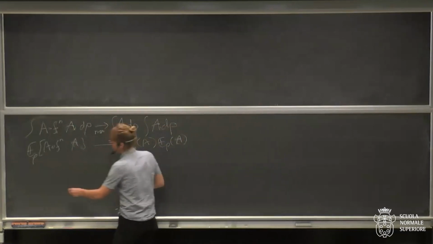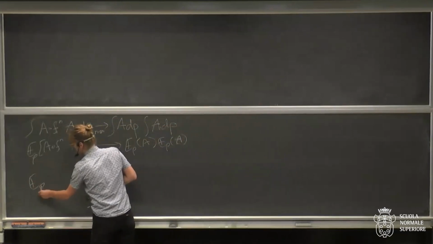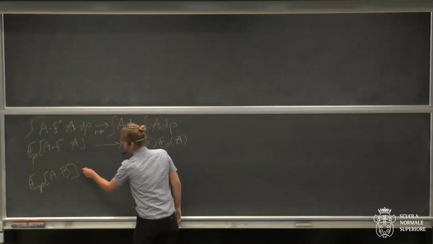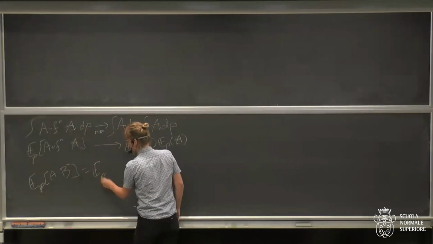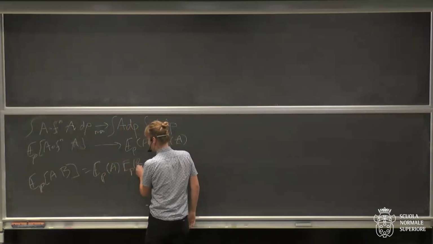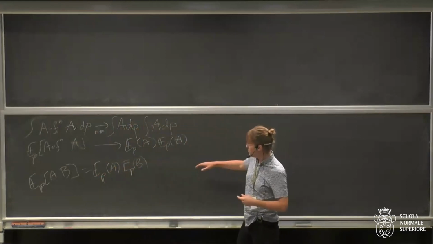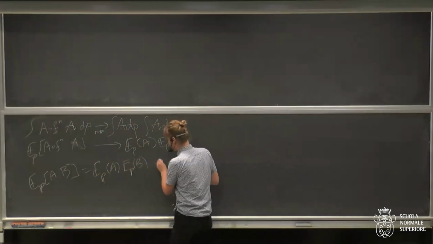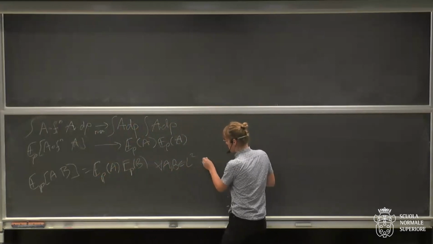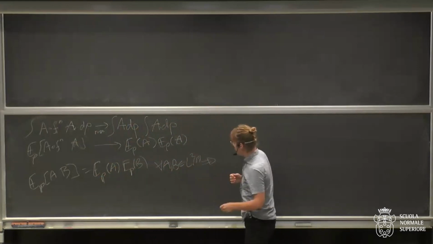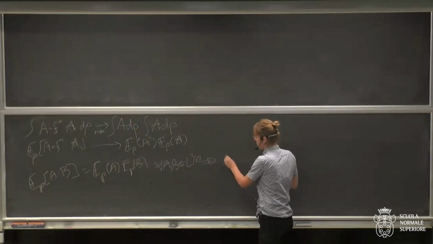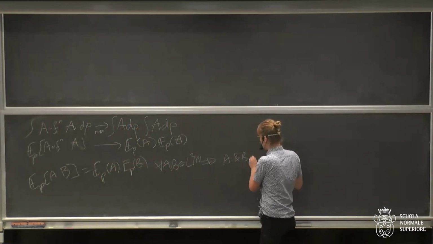If we had, with respect to some probability measure, two events and the expectation was equal to the probability of A times the probability of B, and if this is true for all A and B in L2, we would say that this was the same thing as saying that A and B are independent.